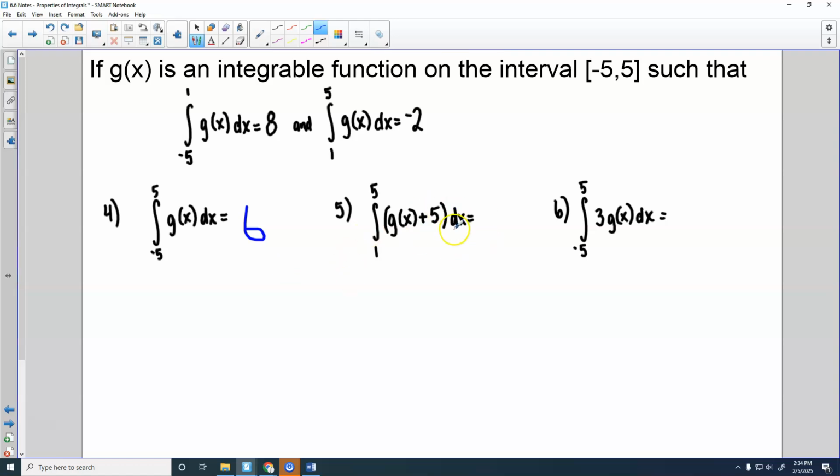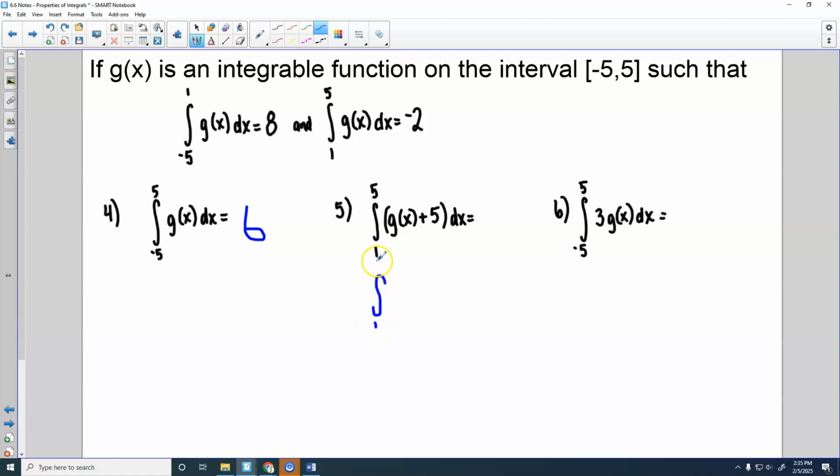Okay, here's an interesting one. Integral from 1 to 5 of g of x plus 5. Would it be negative 2 plus 5? It is not quite. Can't do that. So when you are doing this, think of breaking this up.